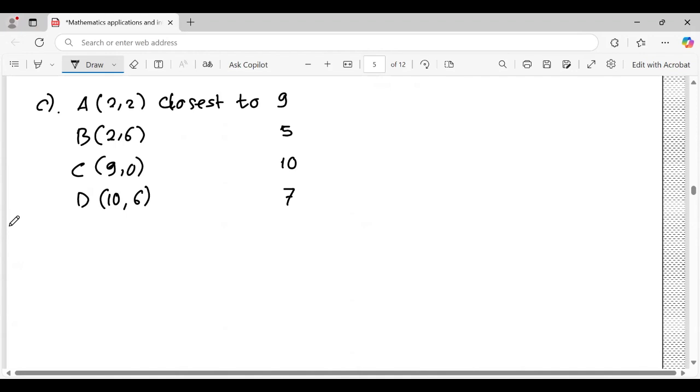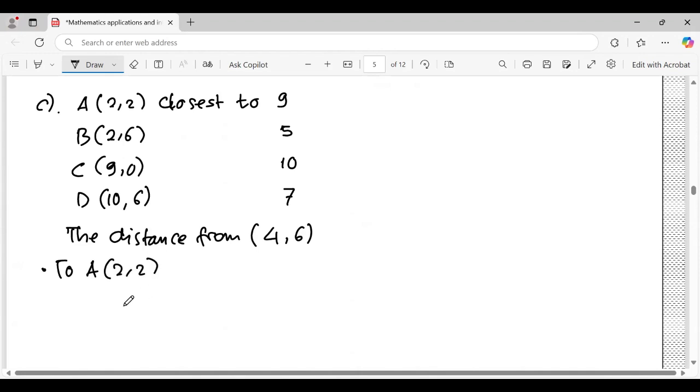Next, we need to calculate the distance. The distance from the coordinate point (4, 6) to A. First, from (4, 6) to coordinate point A, (2, 2).